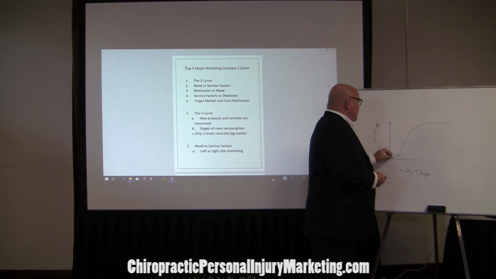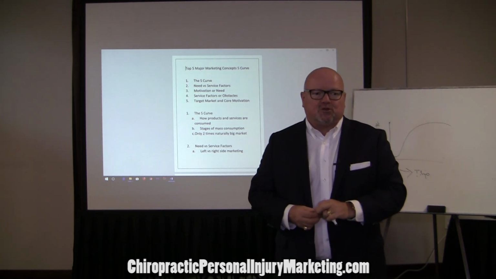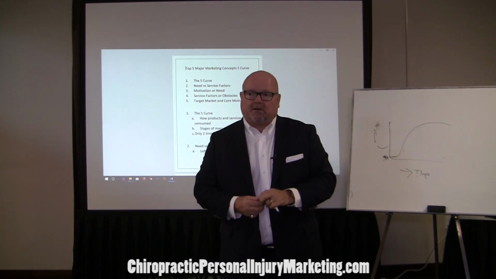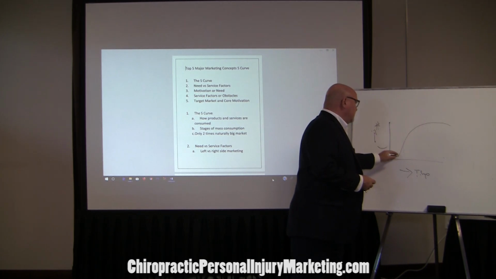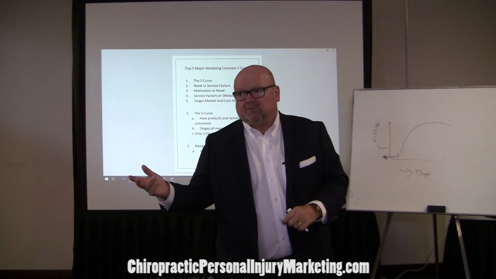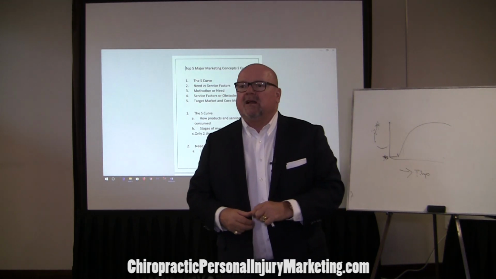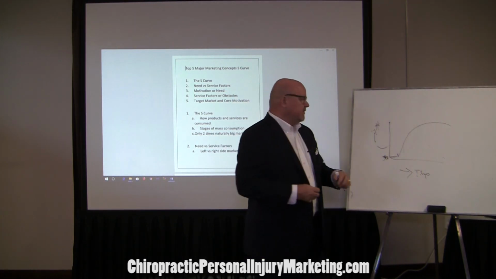Now, the ones that do will jump into a category called the early majority, or the influencers. They'll start using that product or service. And the reason they're called influencers is because they influence. So they are the leaders. And so what happens is when they start utilizing that product or service, the masses start jumping on the bandwagon, start buying that product or service.